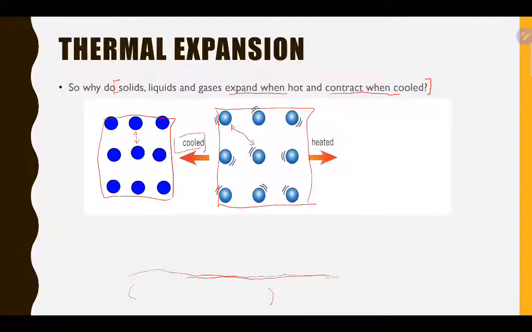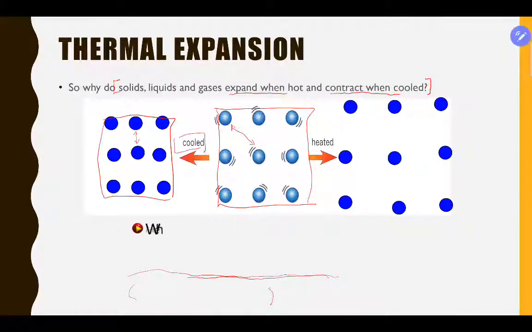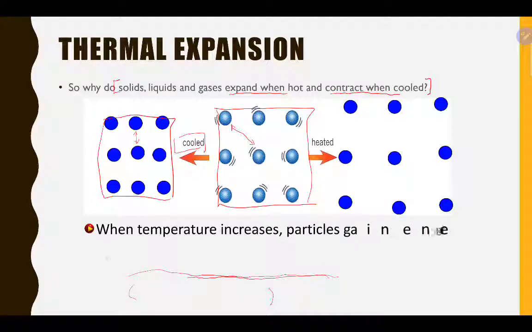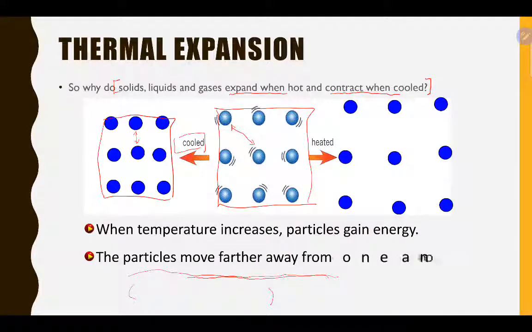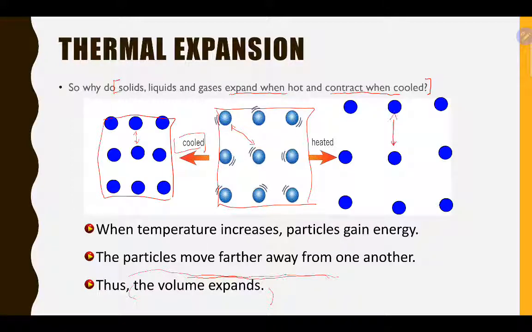Now let's look at when it's hotter. When you heat up, the particles gain energy and they move further away from one another. Again, if you look at the space between one particle and another, it's further away, longer compared to when they're in normal mode.